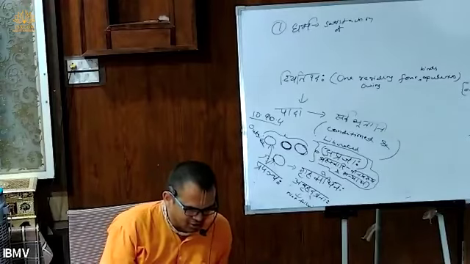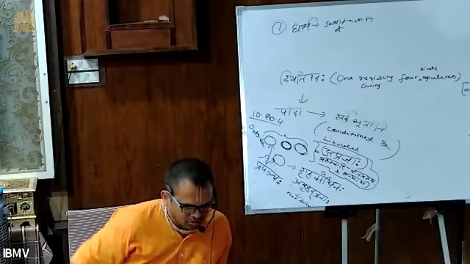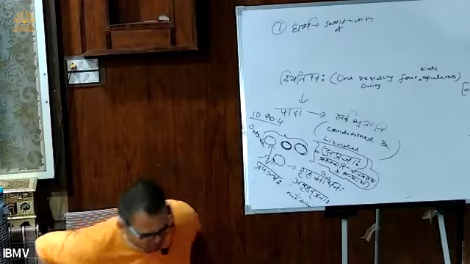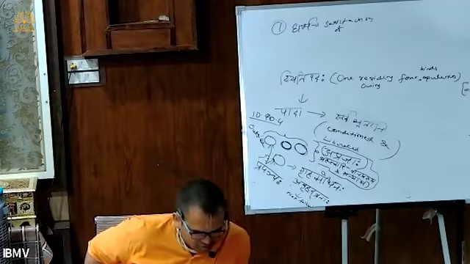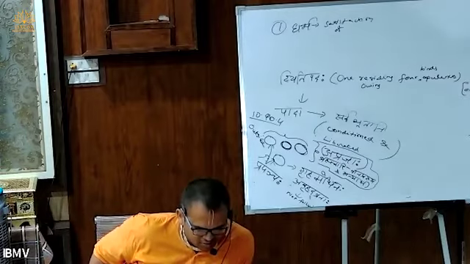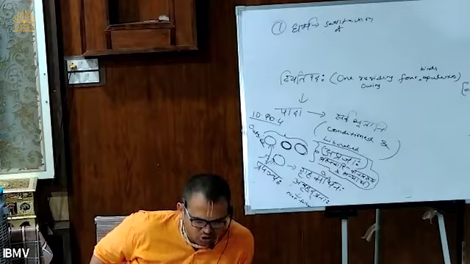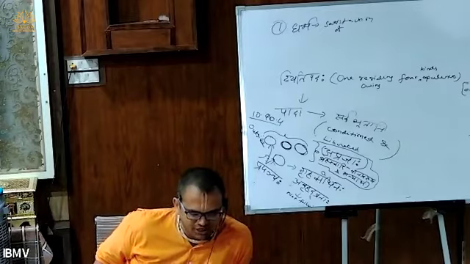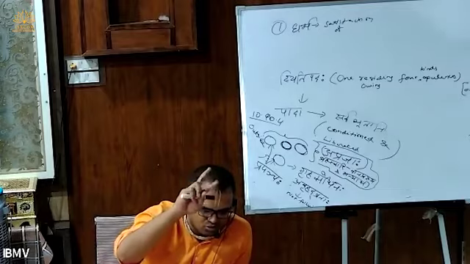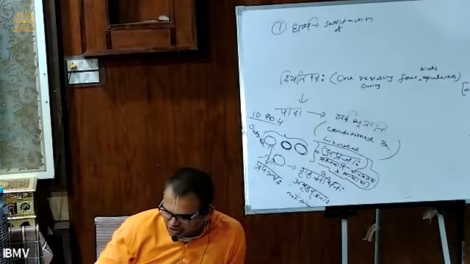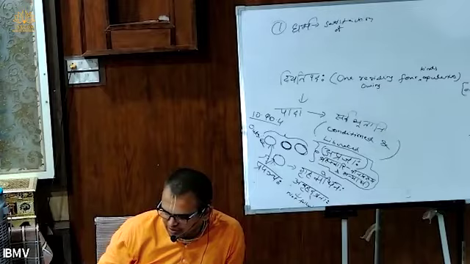So in this sloka, Purushastu Ubhayashraya. He is a shelter for two. What is that? Two. Shruti means paths. Two destinies are the two paths.